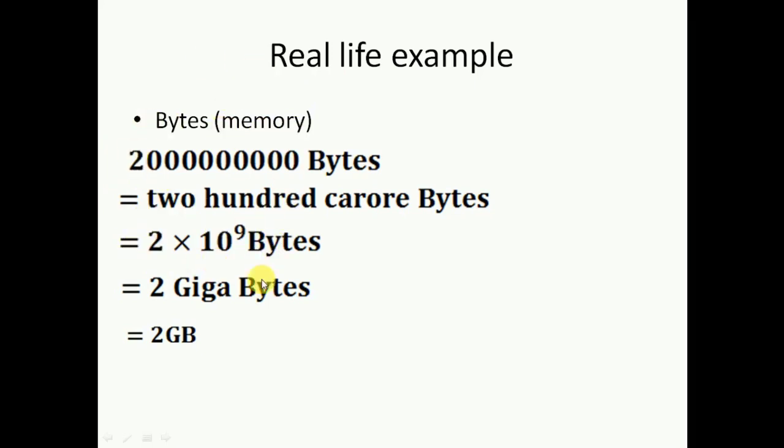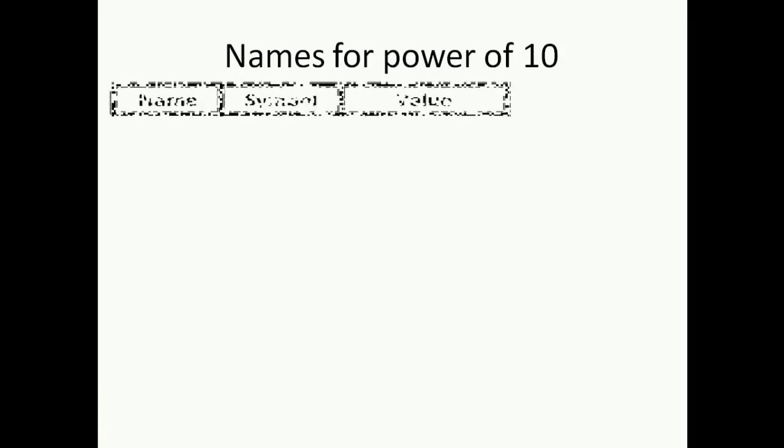It will be easy to say or write big numbers using the power of 10. And again, if we use the symbols for the power of 10, it will become even easier. So now let's see the names of different powers of 10. We have name, symbol and value.